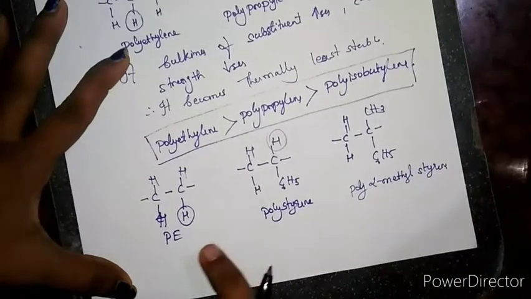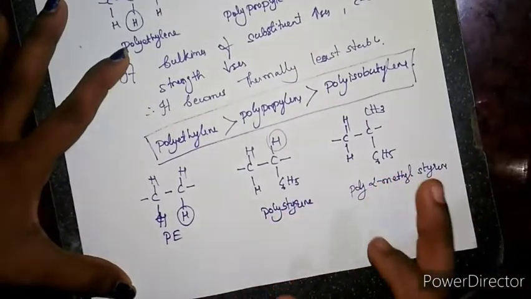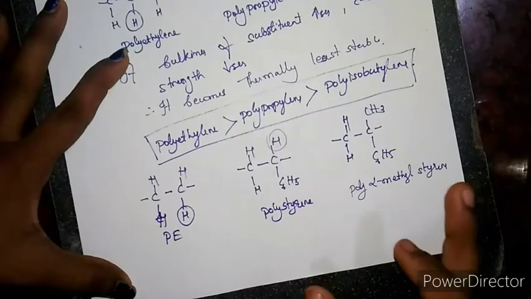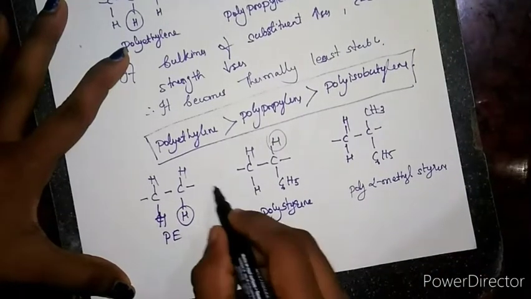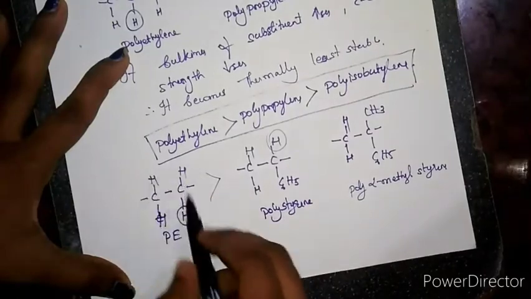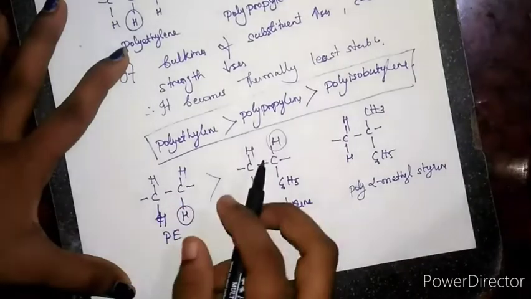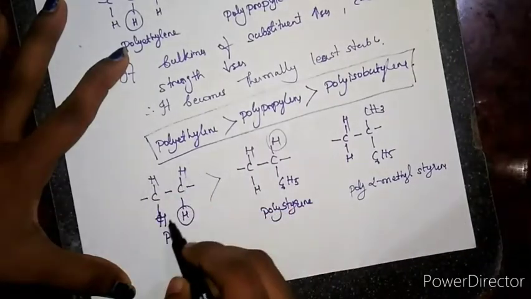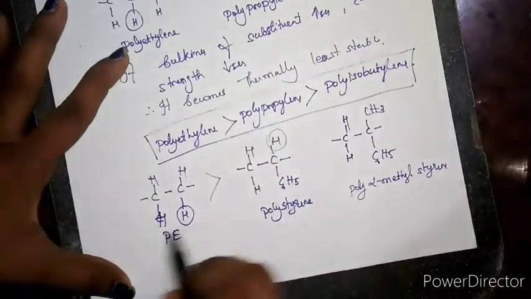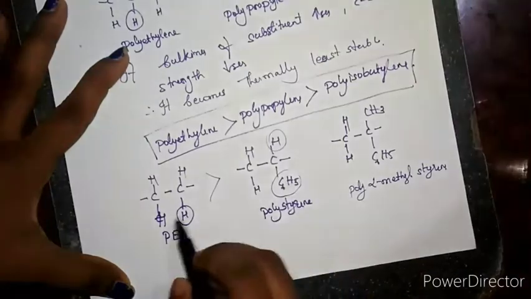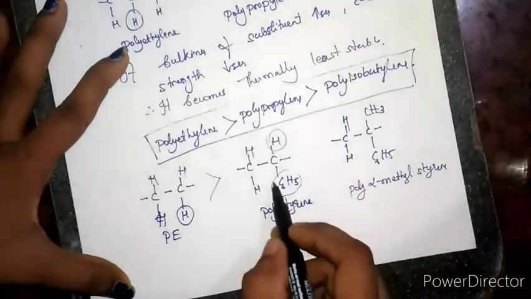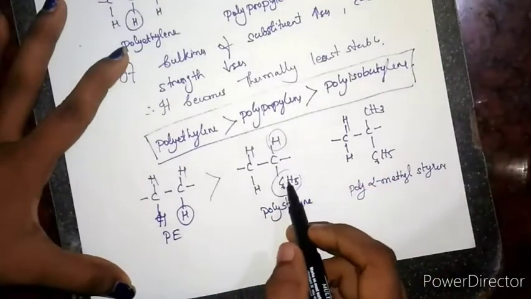Now can you tell me, among these three polymers, which one is more stable? Polyethylene is more stable. Why? In polyethylene, the substituents are not bulky, right? These are light in nature. And if you go to polystyrene, C6H5 is bulkier when compared to hydrogen, correct? So if the bulkiness of the substituent group increases, what happens?